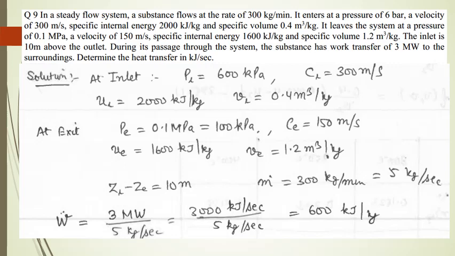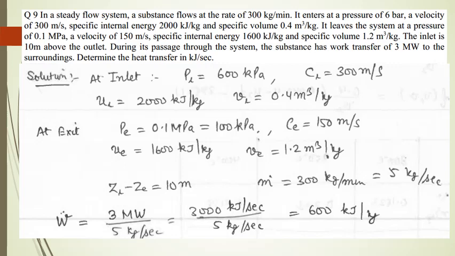Now the inlet parameters and outlet parameters have been written on the slide, taken from the question. The difference in height is 10 meter and the mass flow rate is 300 kg per minute. It can also be expressed in terms of kg per second, and that is 5 kg per second.